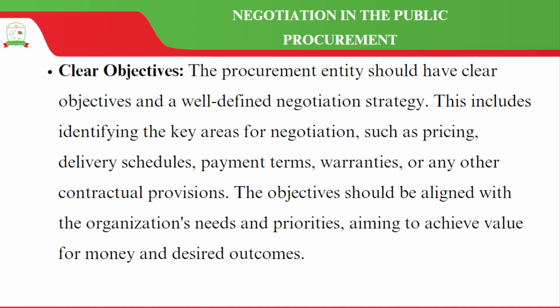Clear objectives. The procurement entity should have clear objectives and well-defined negotiation strategies. When you are talking about clear objectives, we need to identify, as we get into any negotiation, the key areas of negotiation, such as pricing, delivery schedules, payment terms, warranties, or any other form of contractual provisions.